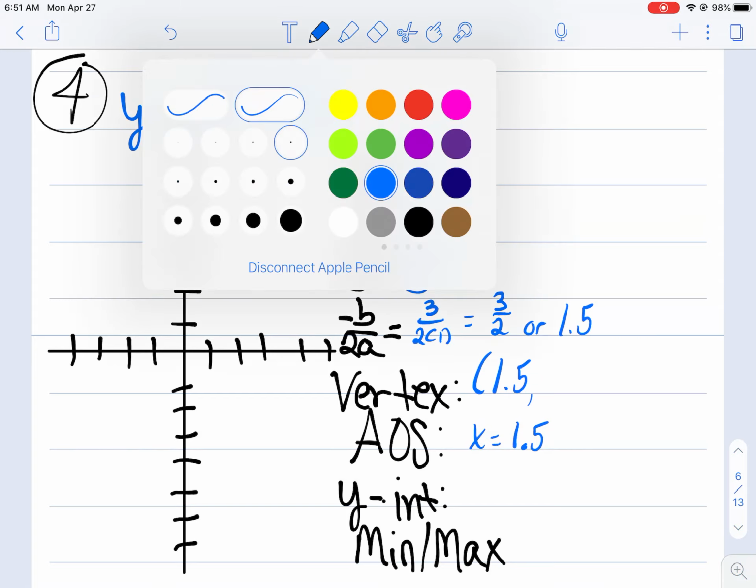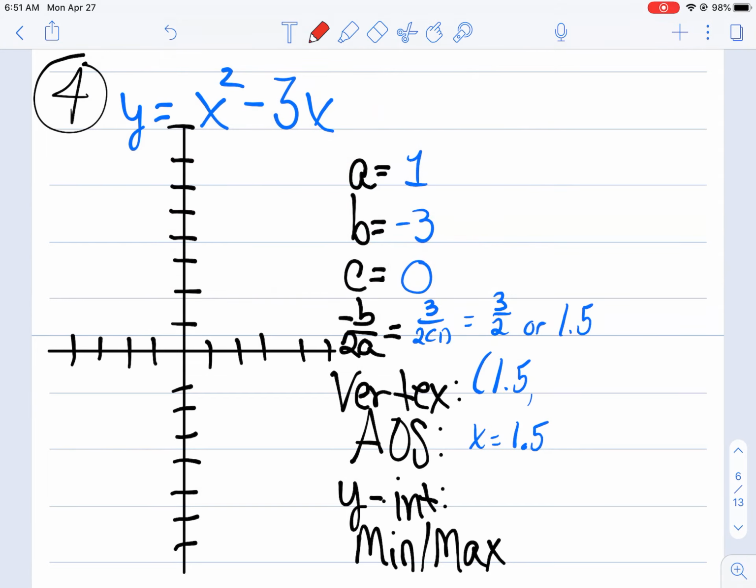Okay, let's go ahead and get that y-coordinate of the vertex. So I'm going to do that up here. So I have y equals 1.5 squared minus 3 times 1.5. 1.5 squared is 2.25.